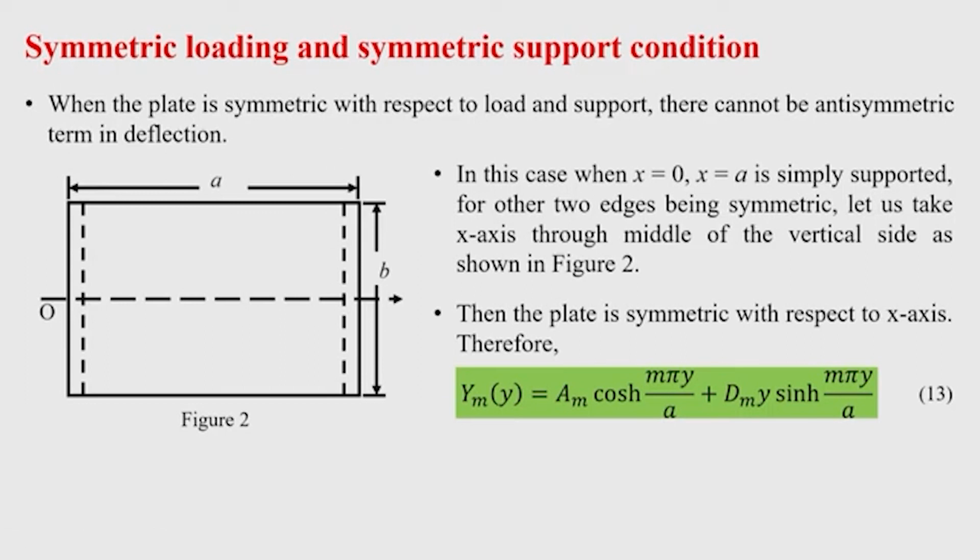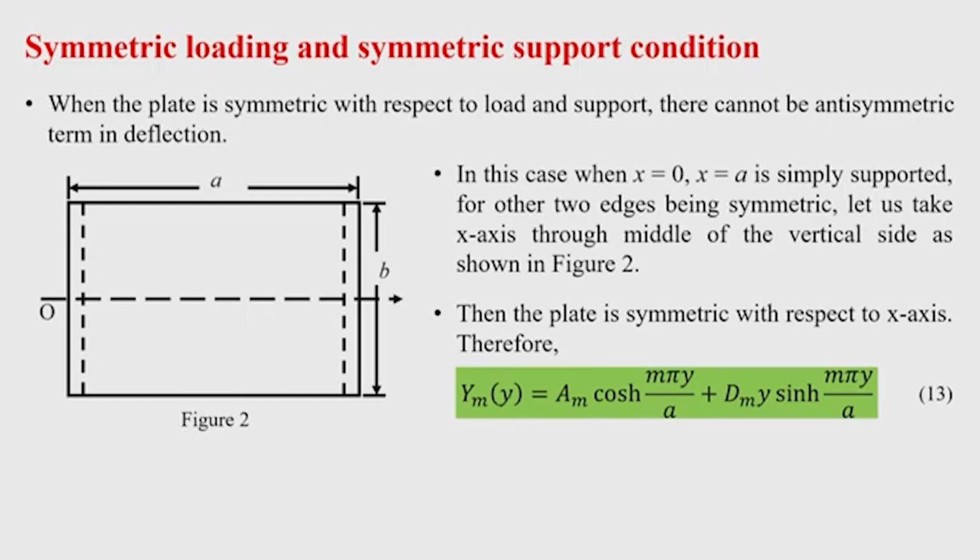Now, in many cases we adopt the symmetric type of construction, because a symmetric structure or symmetric element is easy to construct, and also the load resistance is easy to analyze, and the response to load is also favorable.